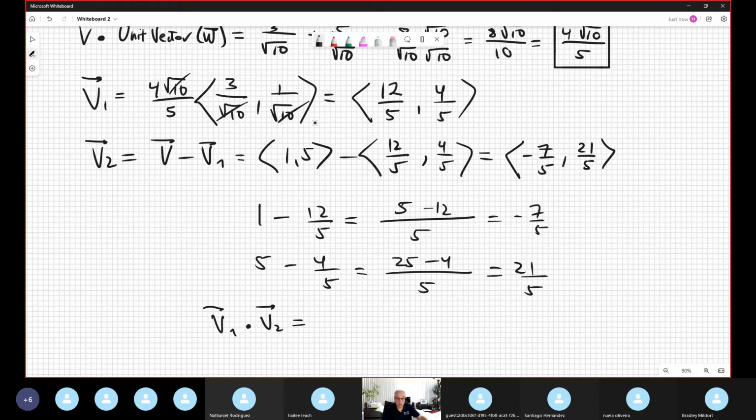It is 12 times 7, is 84, negative 84 over 25, no? Because it's 5 times 5. I am doing the multiplication, this times this. And the second is plus 84 over 25. The answer is 0. And this confirms that they are perfectly orthogonal.